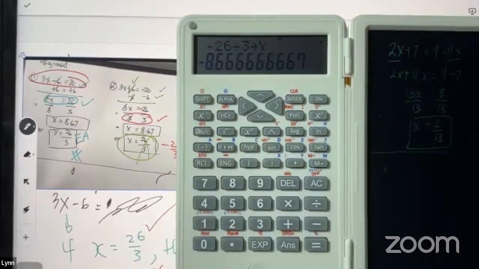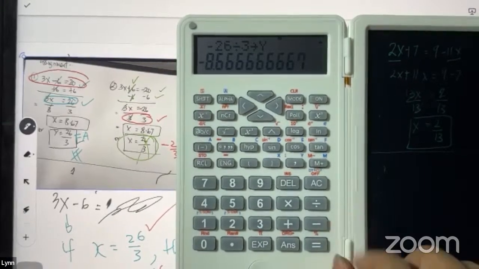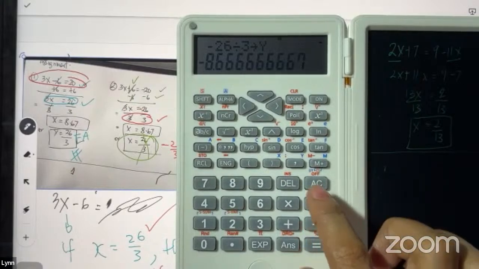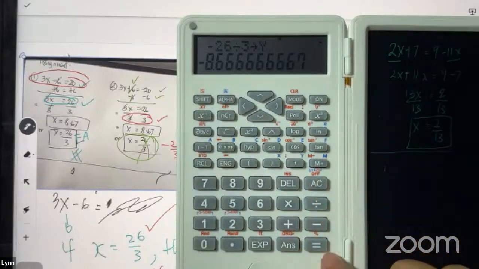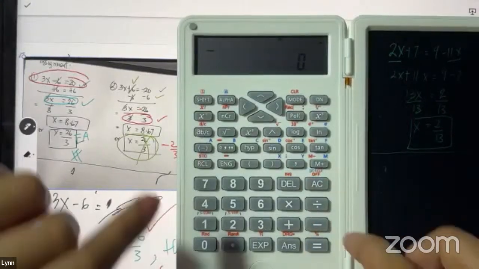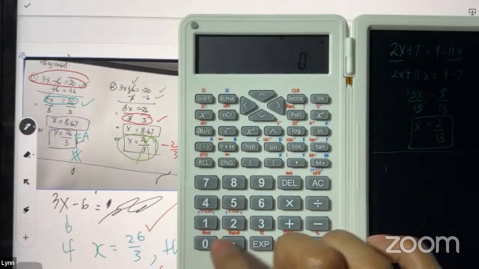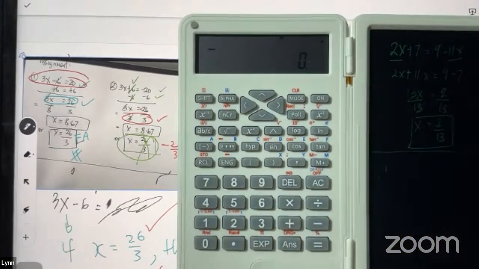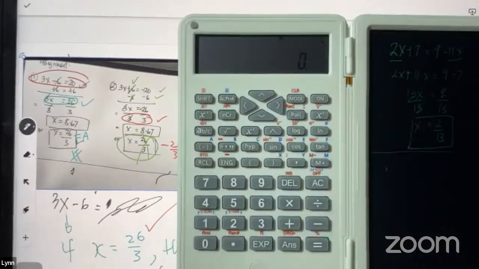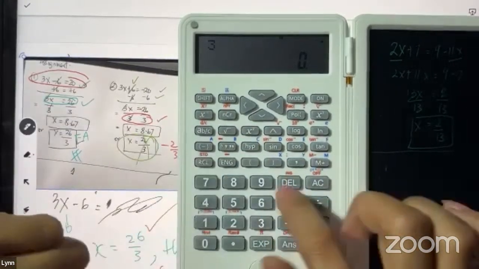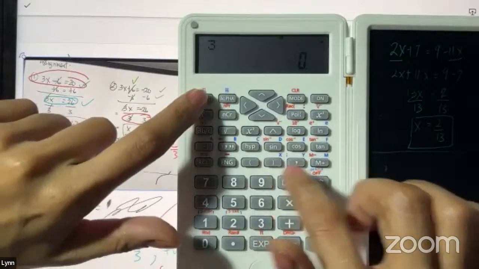So how do you check whether this answer is correct? You have to now type the original question. The original question is, so it will come out, right? Just AC first. It's okay. You can AC now. So I will type the question. You must type the question, right? Okay, 3. And then you must use which letter?